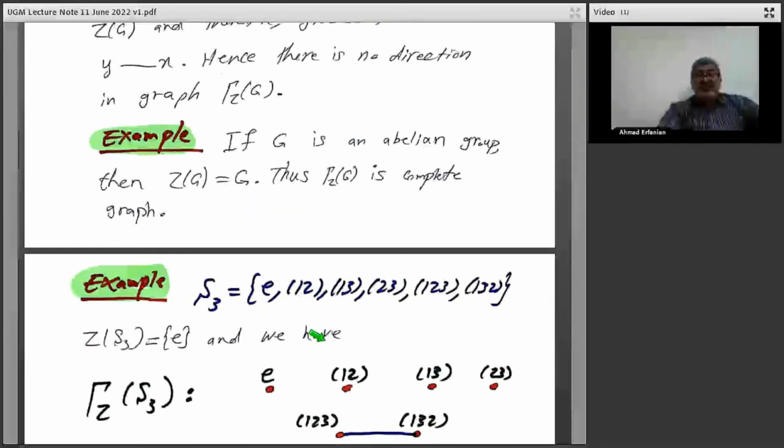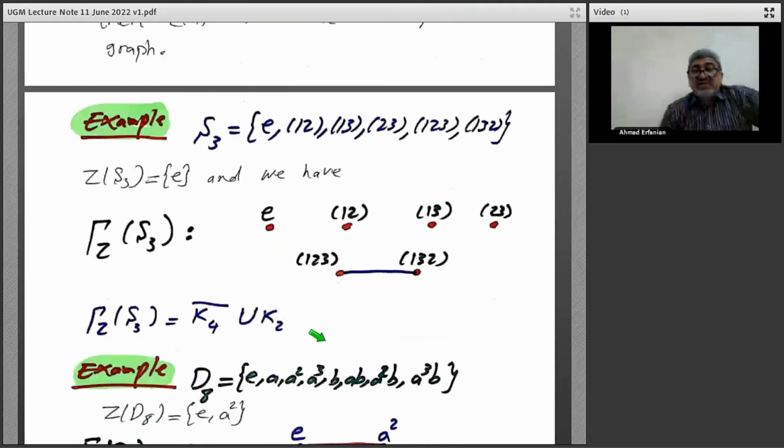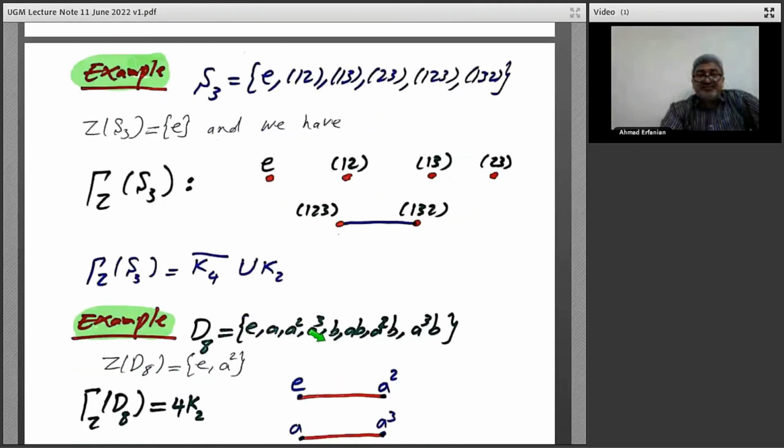If G is an abelian group, then the center is the whole group, and obviously the graph is a complete graph. Now for the symmetric group S3, we know that the center of the symmetric group is trivial, right? Now the graph is the following.